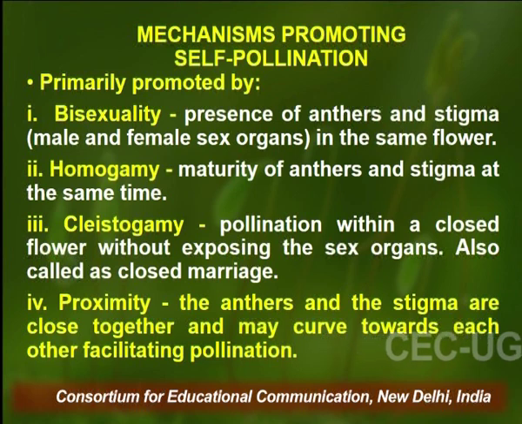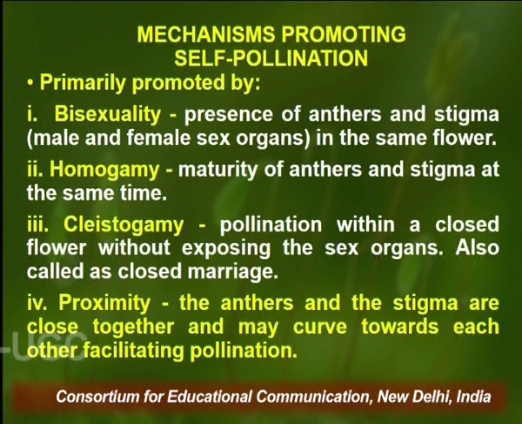Third mechanism which promotes self-pollination is cleistogamy. We have already talked about cleistogamy briefly, that is pollination within a closed flower without exposing the sex organs. Now, this is also called a closed marriage.